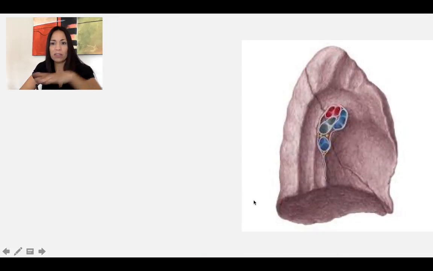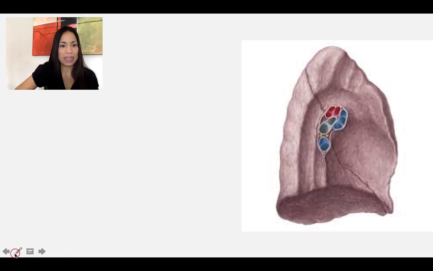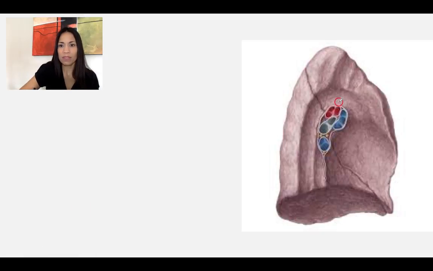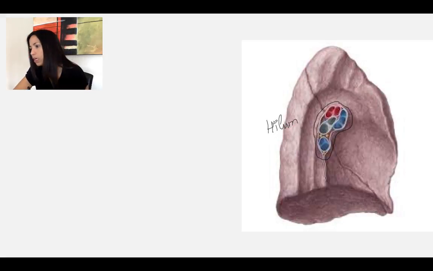Look at the medial side or the medial aspect of the lung. This is the part that is facing toward the mediastinum. In here, in the medial side, we can see one indentation, which is called the hilum. I think it's spelled like that.